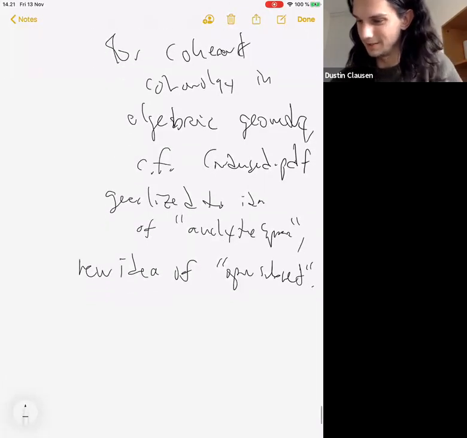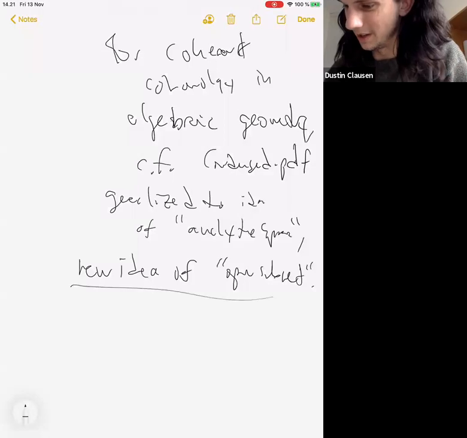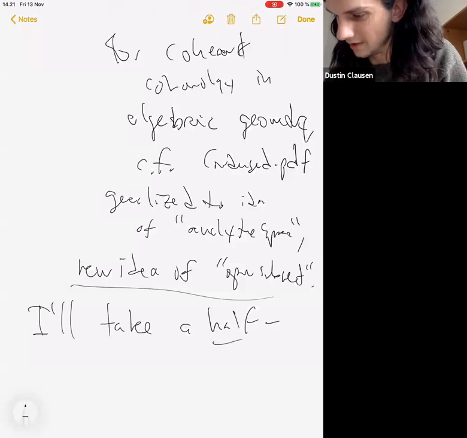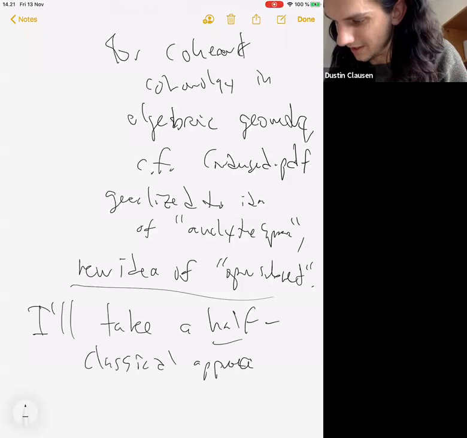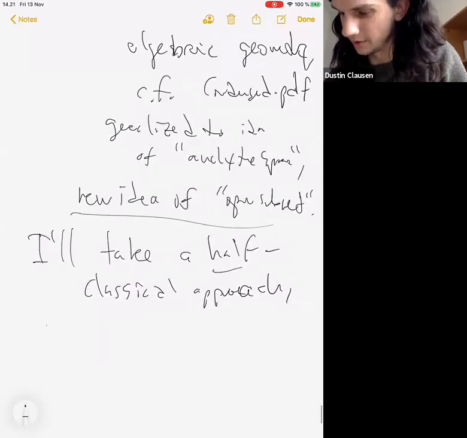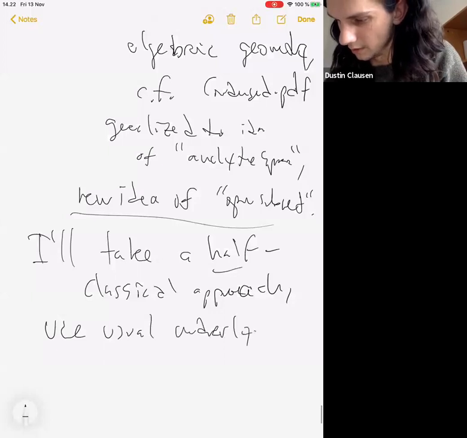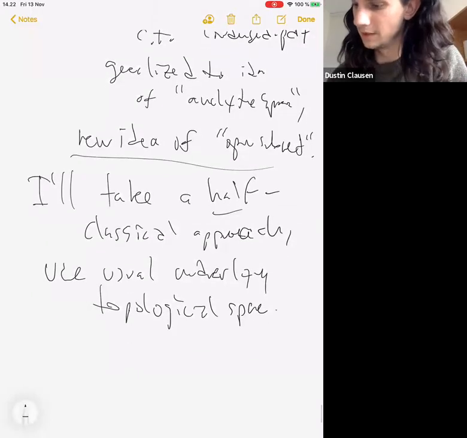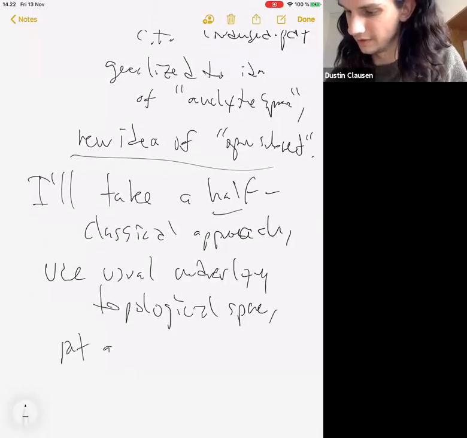But I'll take a half classical approach in this lecture. I'll use the usual underlying topological space, and just put a sheaf of condensed rings on it.